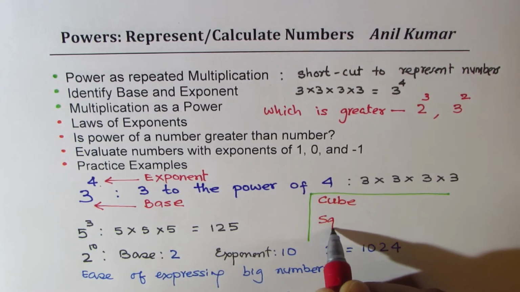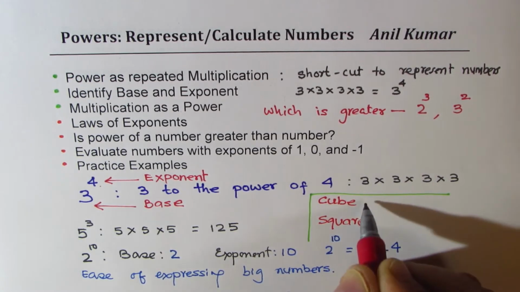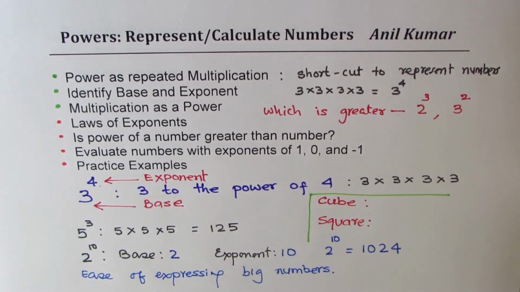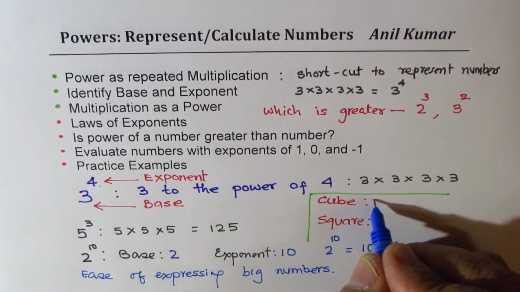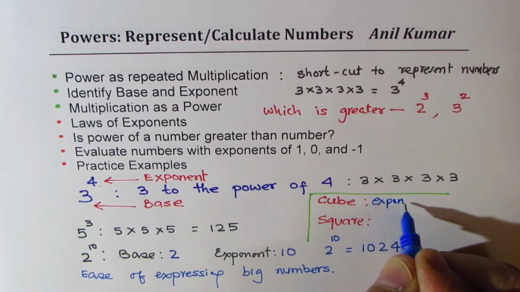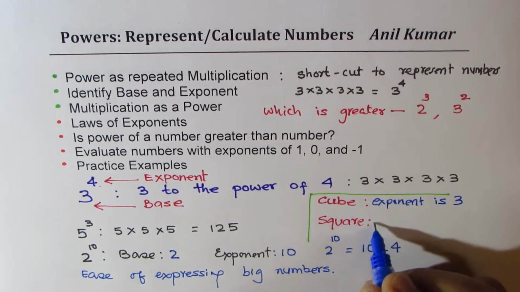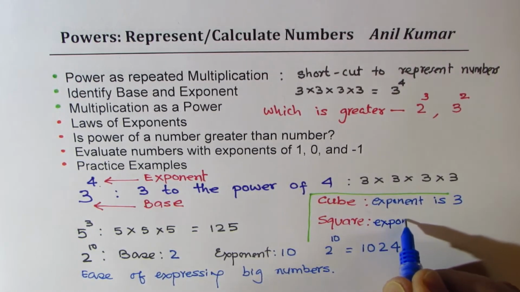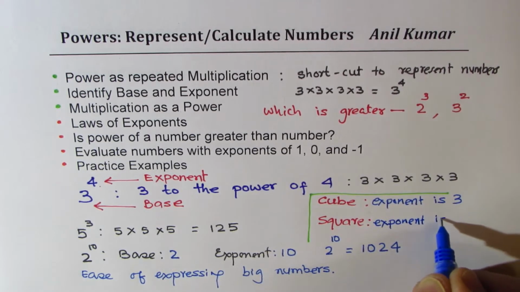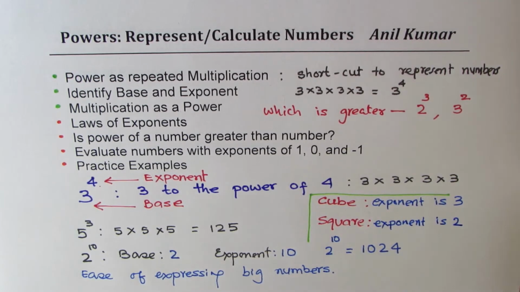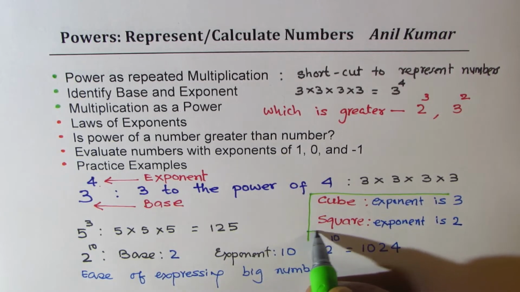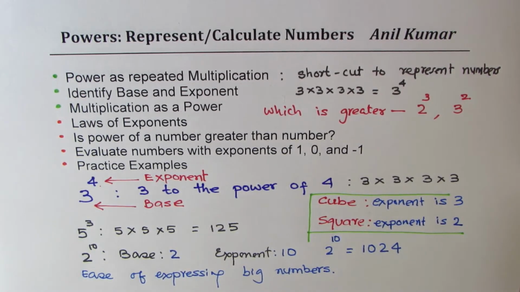Cube is when the exponent is 3, and square is when the exponent is 2. Okay, so that is the basics about power which you should know.